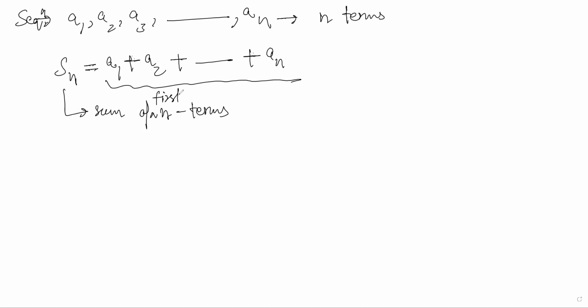Now, if I want to express this sum in the form of sigma, this is 1, 2, 3 up to n. So I can write this as sigma of Ai, where i starts from 1 and goes up to n. This is Ai. Now, what is Ai? Ai is basically your general term.